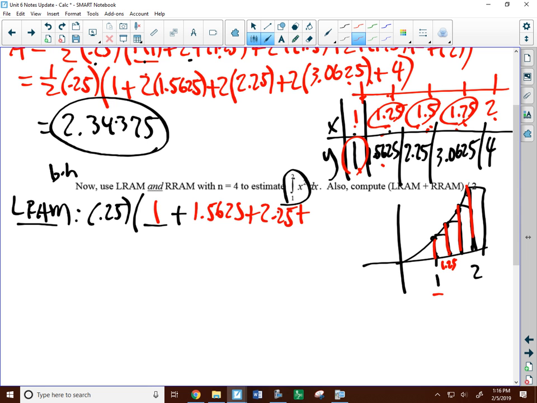And the last one is a height at 1.75, which is 3.0625. Again, for left and right RAM, you will not use all 5 of those coordinates. 1, 2, 3, 4, 5. You only use 4 of them, the left 4. Because for 2, no, we're not doing 2. We're doing a rectangle that gets to 2 in the x-coordinate, but uses a height on the left side.